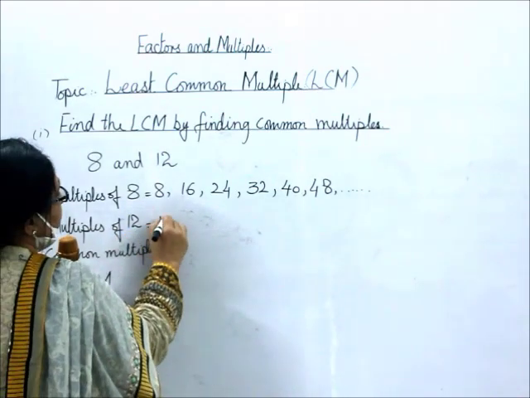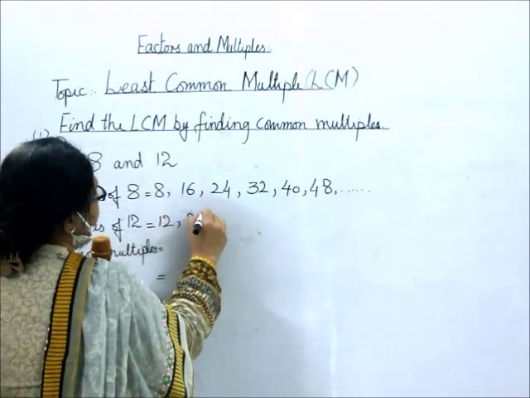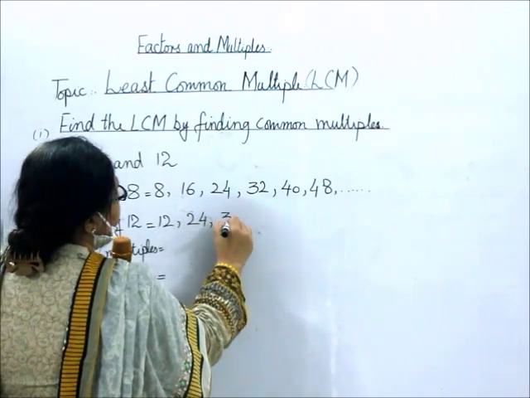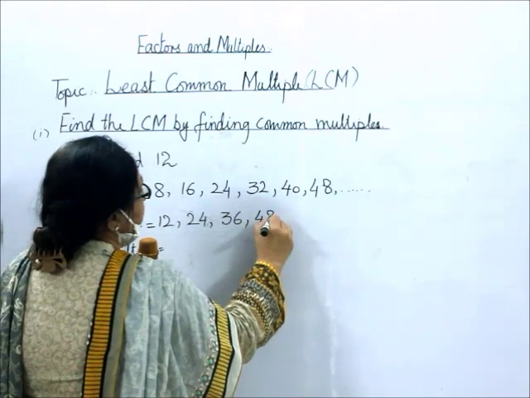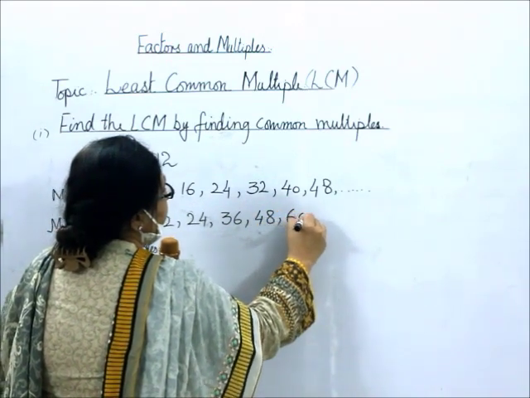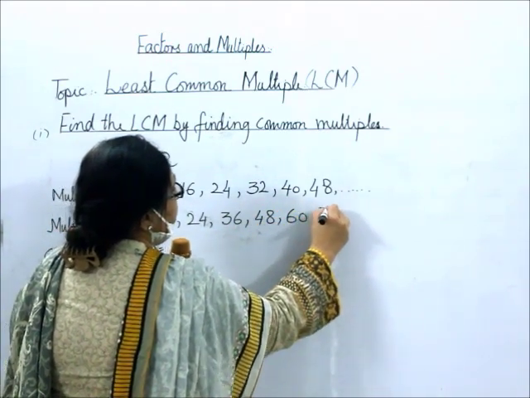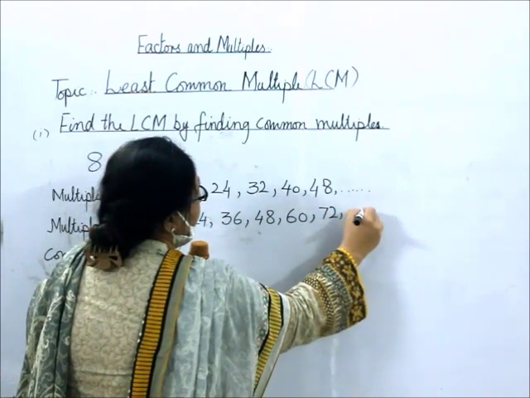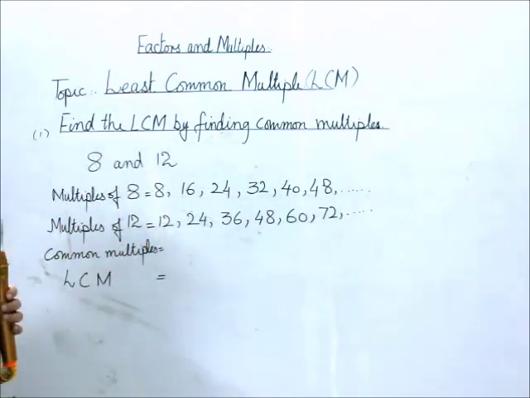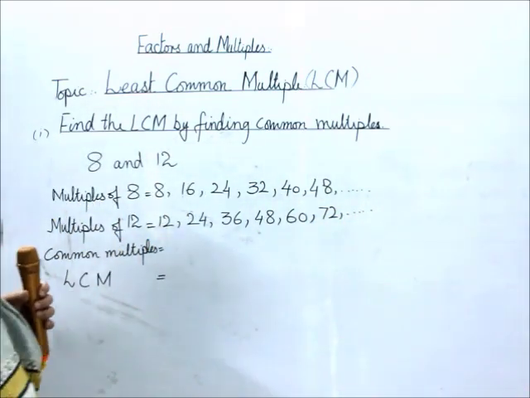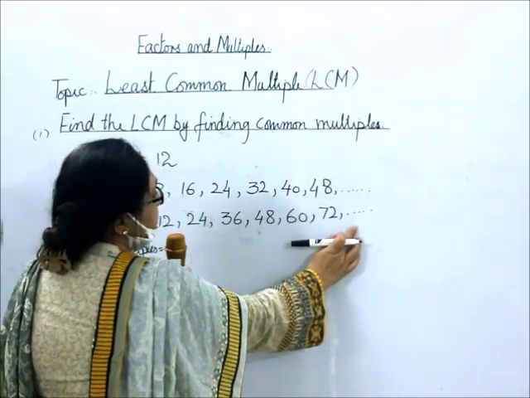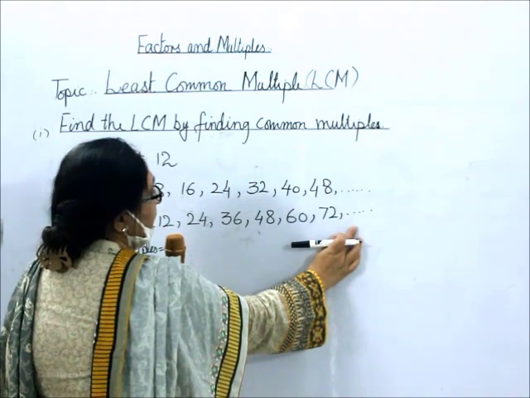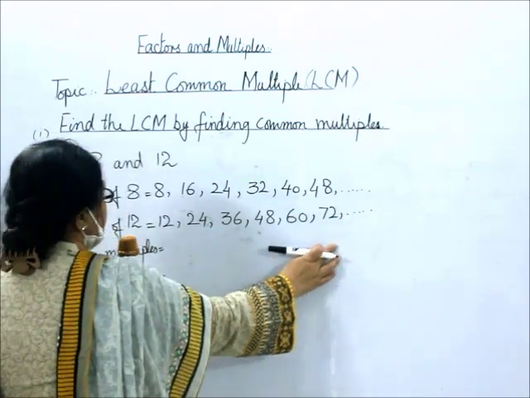So 12 1s are 12, 12 2s are 24, 12 3s are 36, 12 4s are 48, 12 5s are 60, and 12 6s are 72. In both cases I have written the first 6 multiples, and these dots represent that the set of multiples is unlimited. It has unlimited elements.